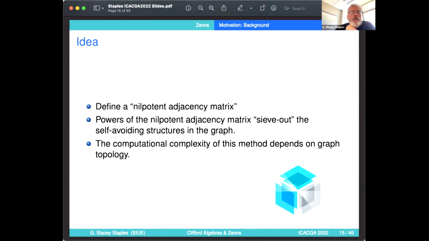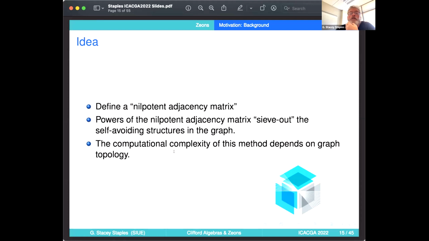So the definition of this, I'm just going to replace the ones in the adjacency matrix with generators representing a vertex, the next vertex that I'm going to. And the computational complexity is interesting because it really just depends on the complexity of the graph.